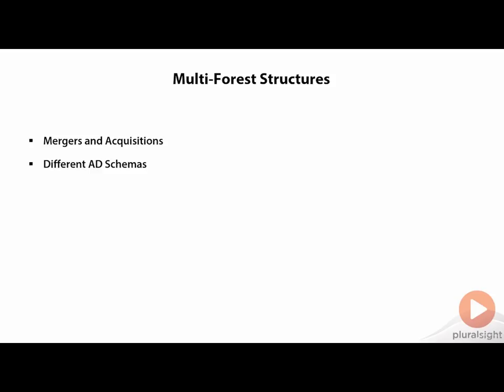Different solutions, like Exchange being a notable one and Configuration Manager being another, will actually change the Active Directory schema. And when that happens, sometimes you can end up with different requirements that are not compatible. So forest number 1 has a particular need for a schema that completely doesn't work with forest number 2, and so you have to have two forests because there are two different schemas.